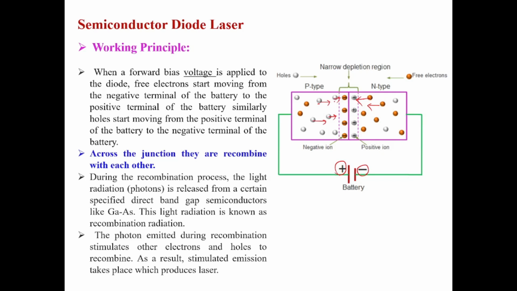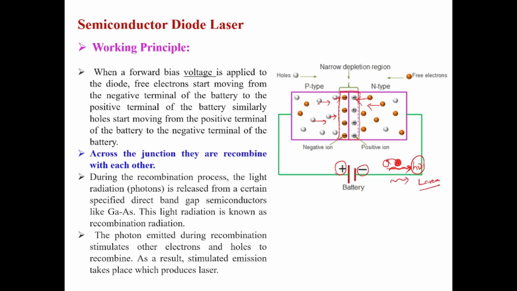These electrons and holes diffuse and recombine in the PN junction or depletion region. When a hole recombines with an electron, it provides energy in the form of light. And if those photons are coherent or interfere constructively, then we can form laser action.